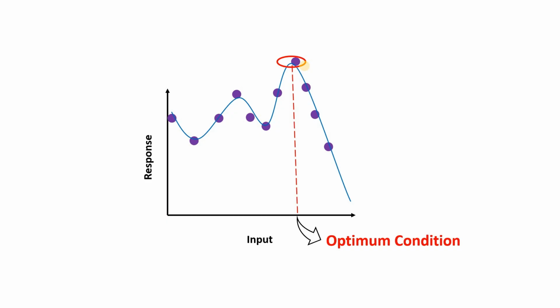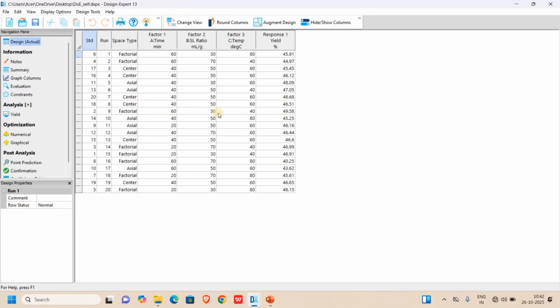and that will be called the optimum condition for your experiment. We will see that in the Design Expert software interface, how it is divided into different sections to get the optimum condition. I will divide Design Expert into three sections. First, Design Expert creates a design for you, depending on what sort of design you choose, whether it is full factorial, CCD, or BBD.